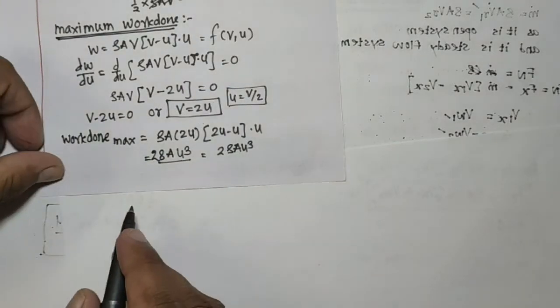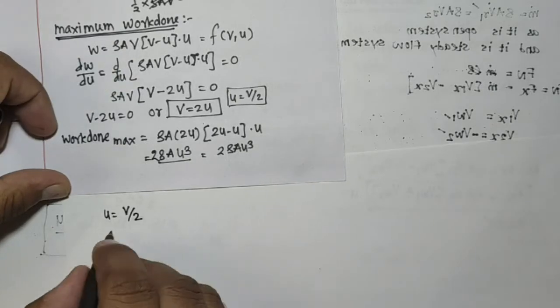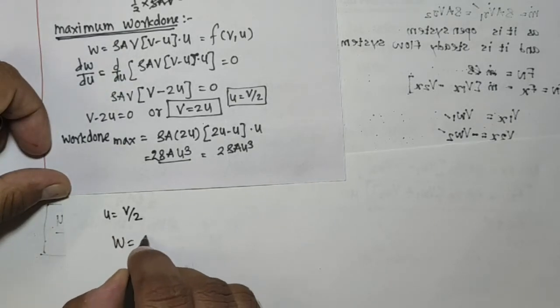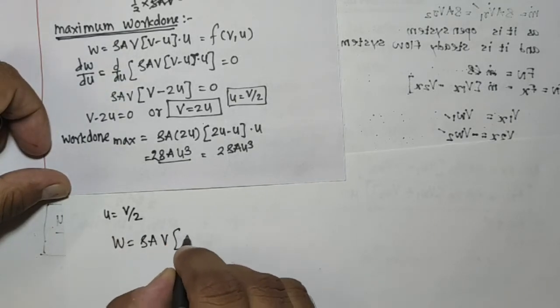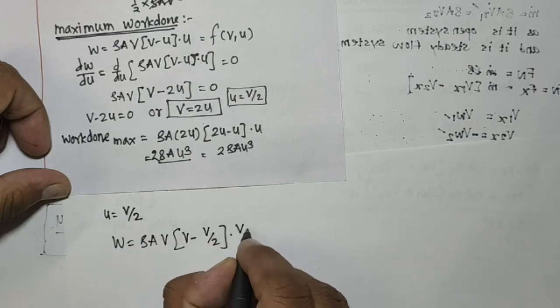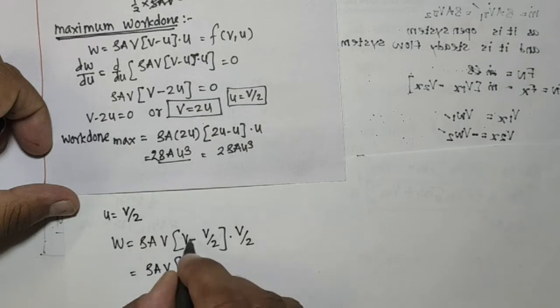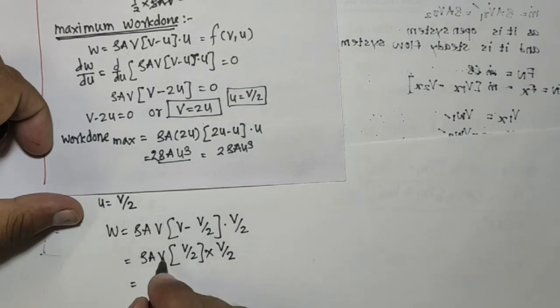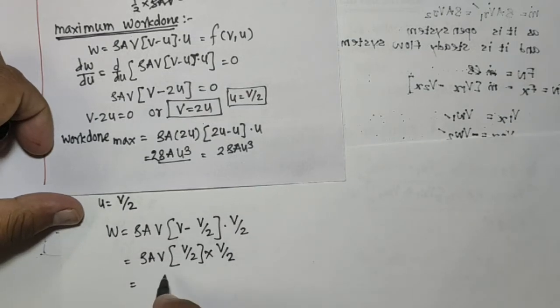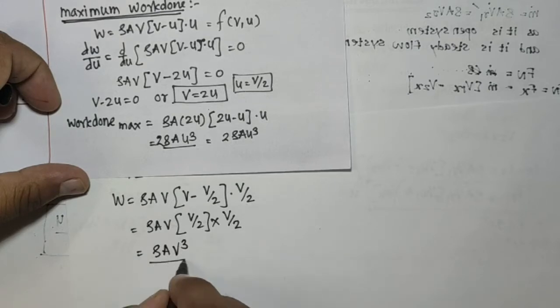So u is equal to v by 2. Replace that value in this equation. W is equal to rho a (v minus v by 2) into v by 2. So what you will get is rho a, v minus v by 2 is v by 2, into v by 2. Okay, so v into v into v becomes v cube, and it will become rho a v cube, and 2 into 2 is 4.